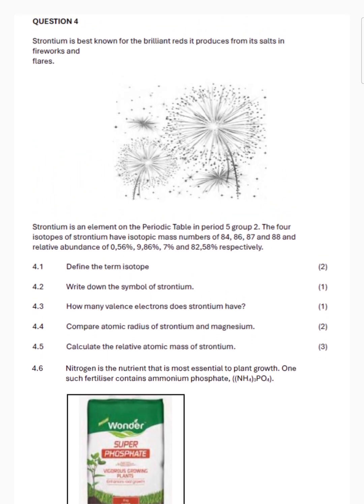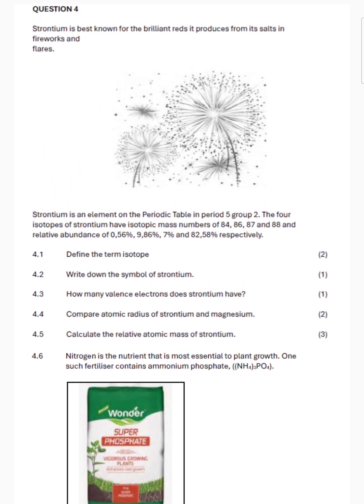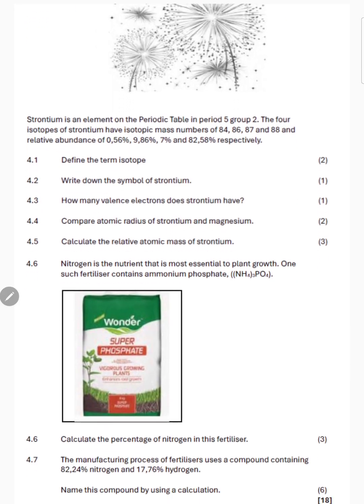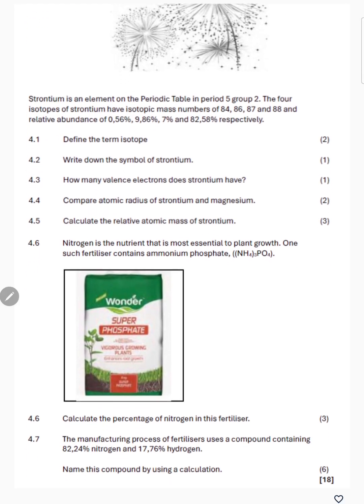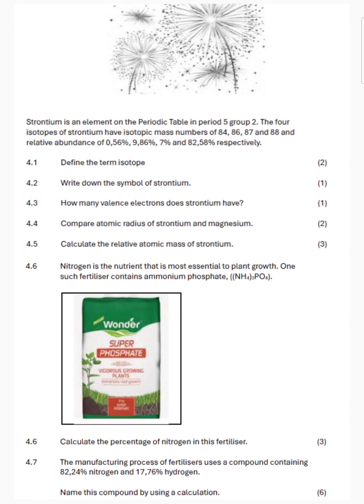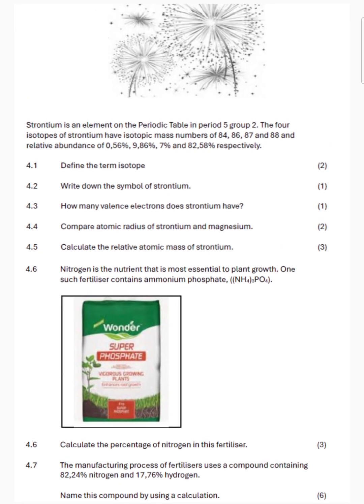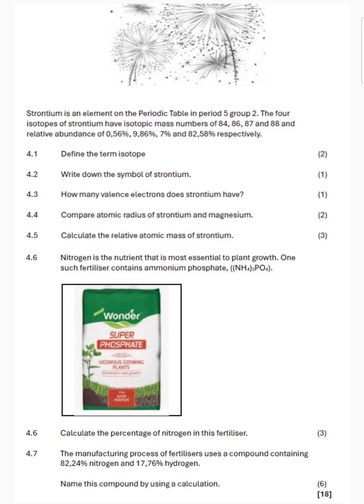The information is below the color of strontium, and you can copy it. Pause this video and try to answer for yourself.